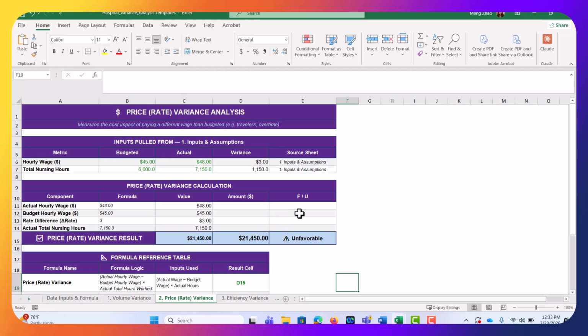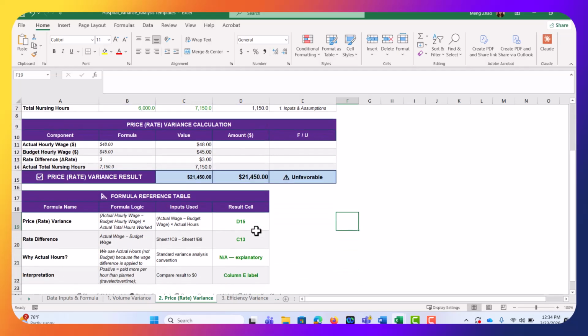In this case, we have a variance of $21,450 overpay, which is unfavorable. And again, here's the formula for how we calculate the price or rate variance, just for your convenience.